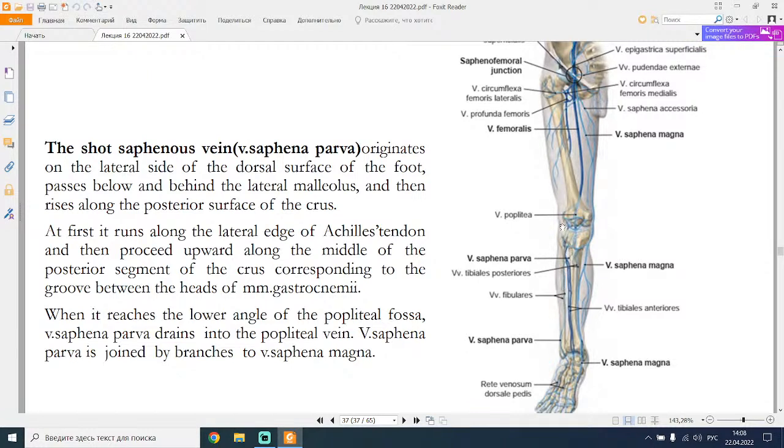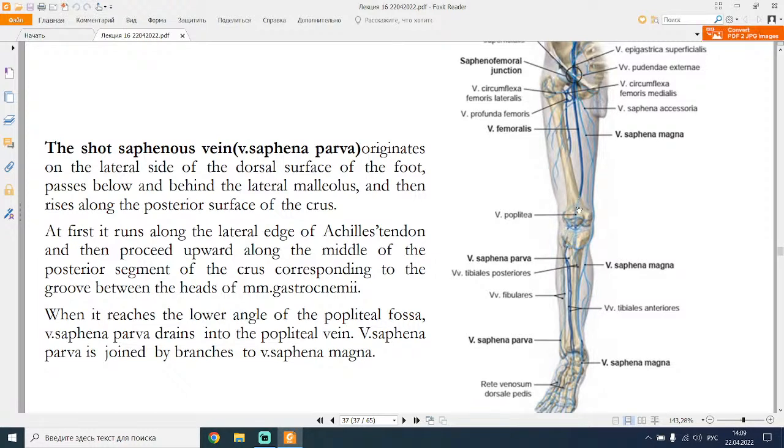At first it runs along the lateral edge of the Achilles tendon, and then proceeds upward along the middle of the posterior segment of the crus, corresponding to the groove between the two heads of musculus gastrocnemius. When it reaches the lower angle of the popliteal fossa, vena saphena parva drains into the popliteal vein.